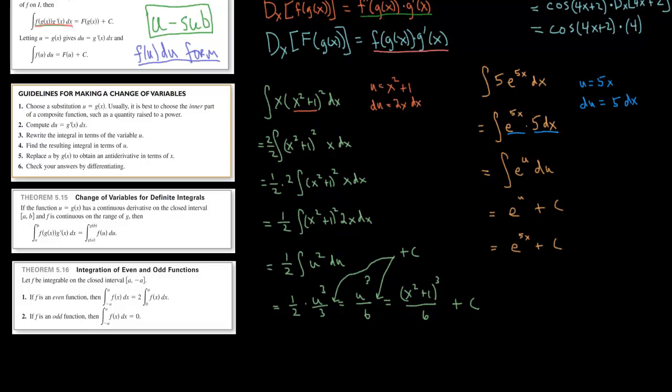I'll write it in pink, so we'll cross it out and say we can't do this. A common mistake is to say the first step here to find the antiderivative is the antiderivative of x dx times the antiderivative of x squared plus 1 squared dx.